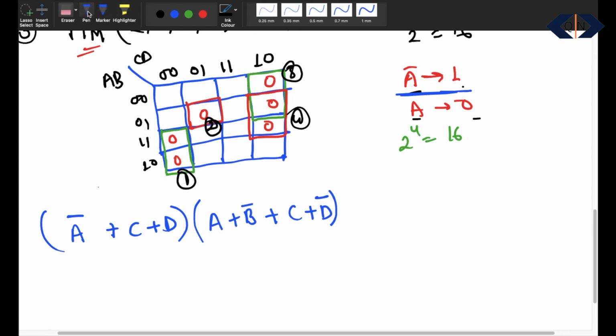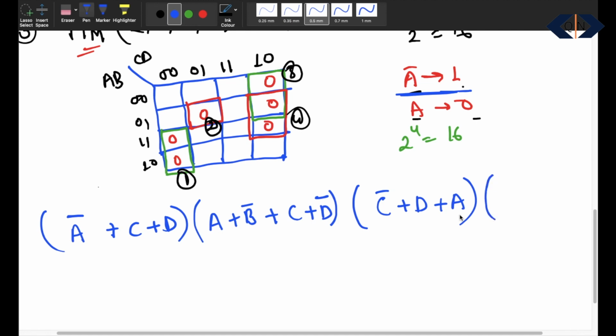Now let's look at the third group. In the third group, what is constant? 1 and 0 is constant, which is equivalent to C bar plus D. And here what is constant? Here A 0 is constant, which is equivalent to A. So you can write it in the order A plus C bar plus D, or any order you can write.